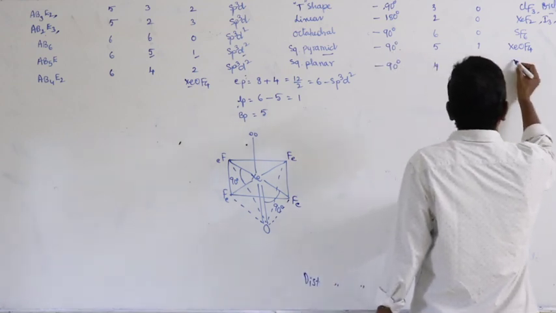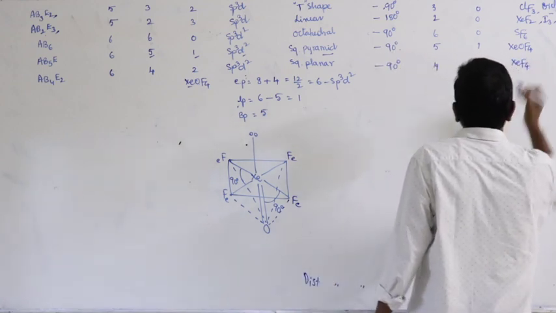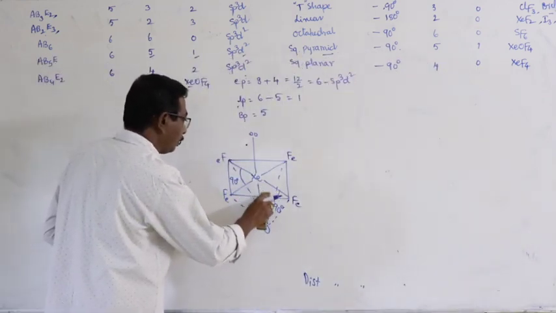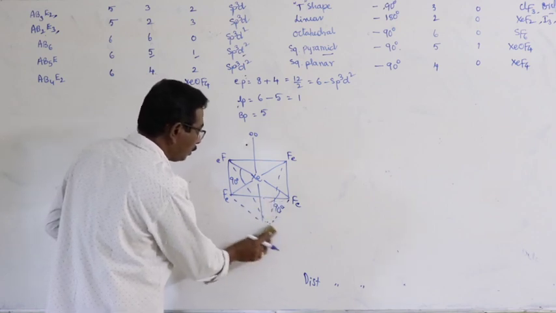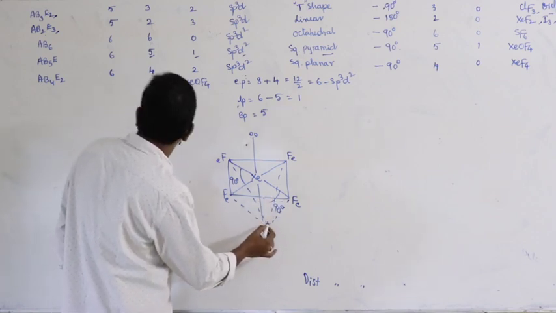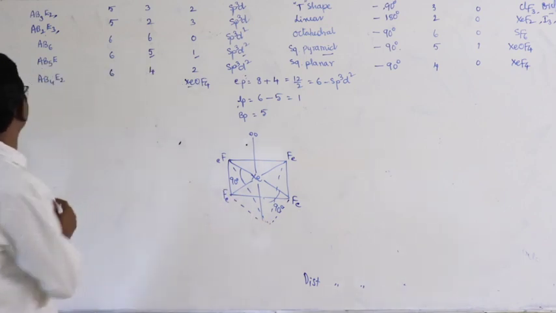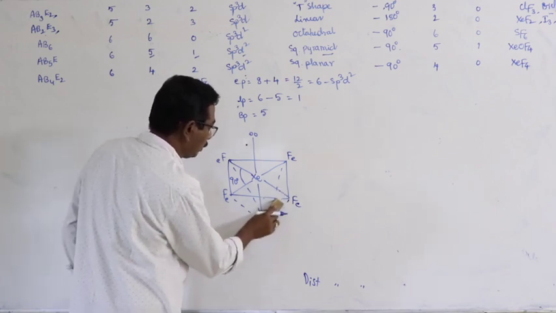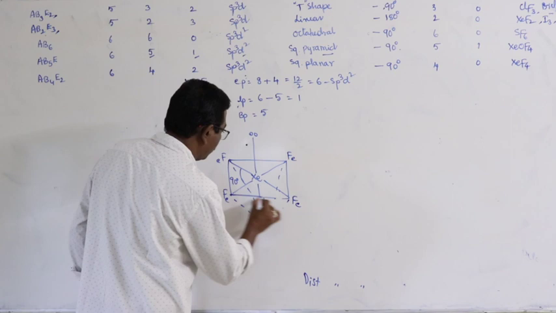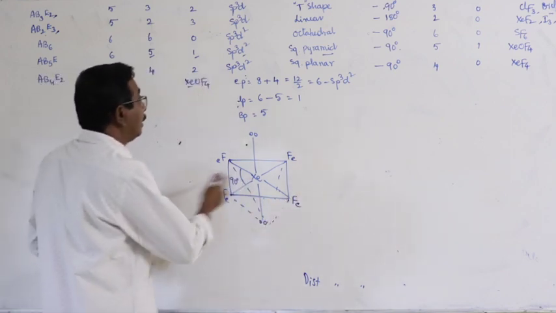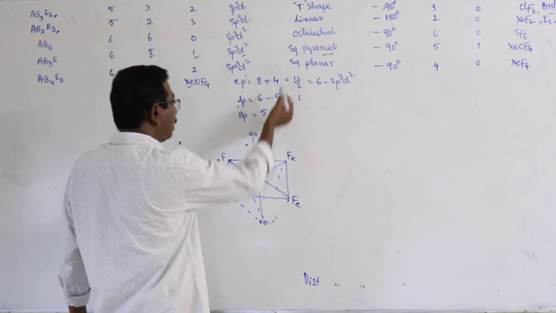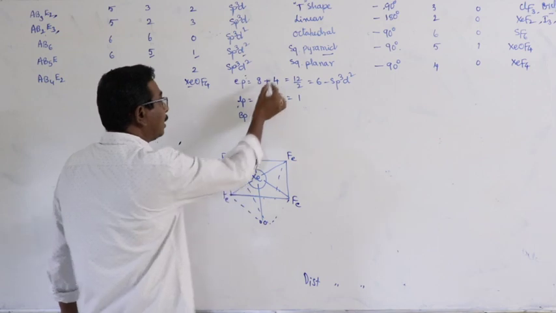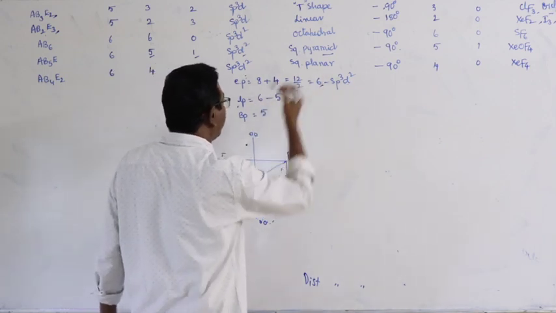Next, the example XeF4. Here in this example also 8 plus 4: 8 means central atom xenon 8, and 4 fluorine atoms. 8 plus 4 is 12, by 2 is equal to 6. sp3d2.